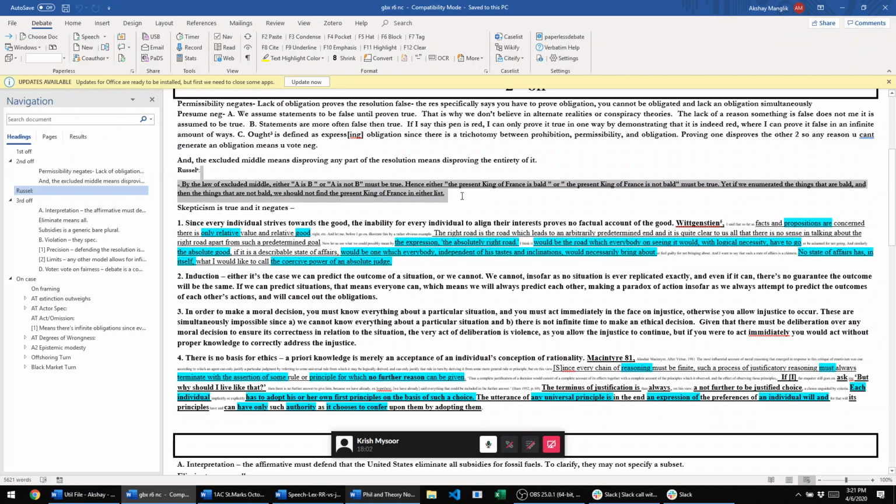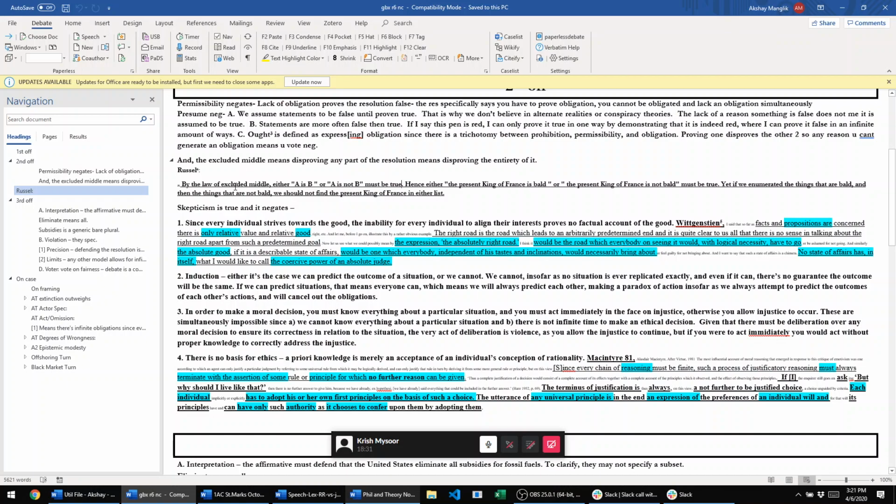However, if we said something is true and we said, but it's not actually true, then neither happens. So this is a very localized example. It can't really be applied to the resolution writ large, because it simply lacks contextualization for what it means to disprove a part of the resolution to disprove it entirely.